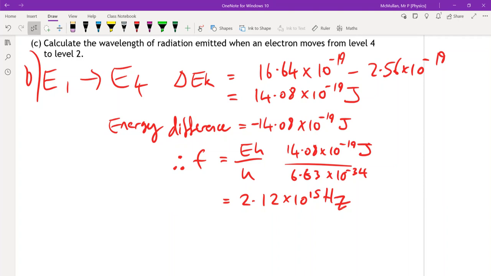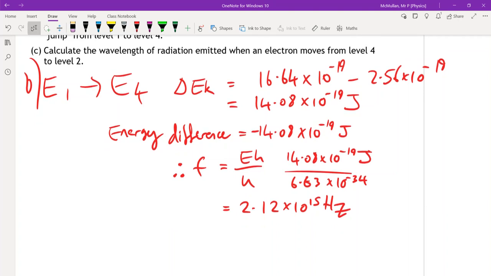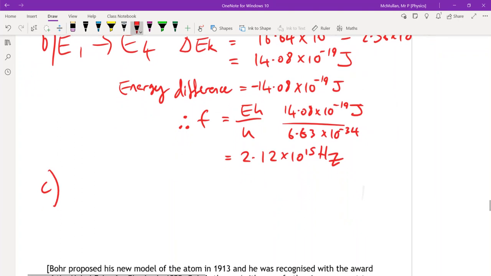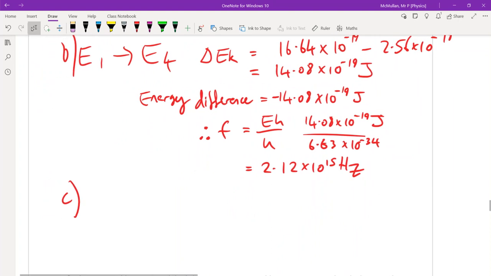So part C goes on, calculate the wavelength of radiation emitted when an electron moves from level 4 to level 2. So what is the difference in energy between 4 and 2?